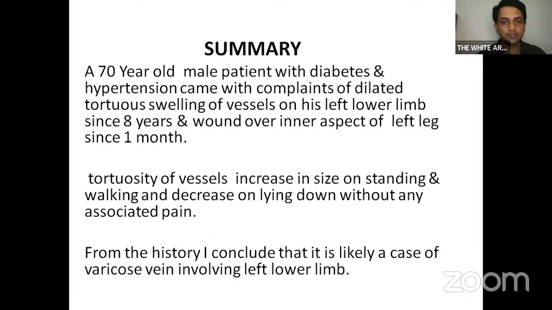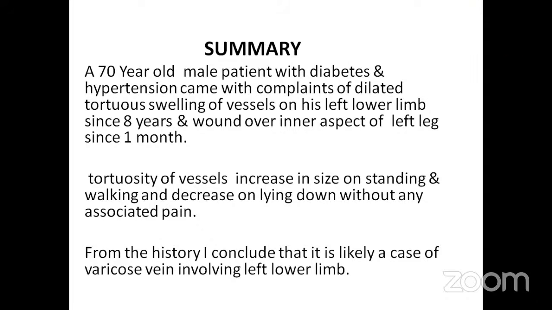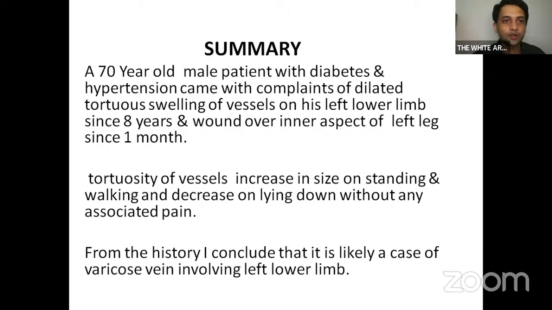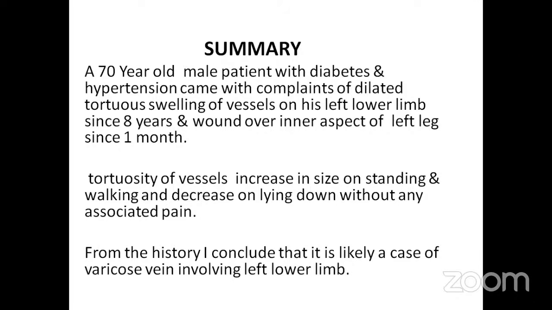Usually varicose veins become synonymous with varicose veins of the limbs, but varicose veins can occur elsewhere also. In the abdomen, sir, the lower part of the abdomen, called caput medusae.